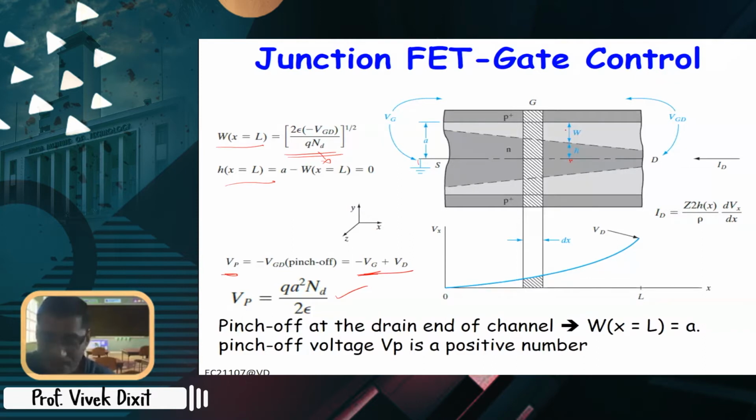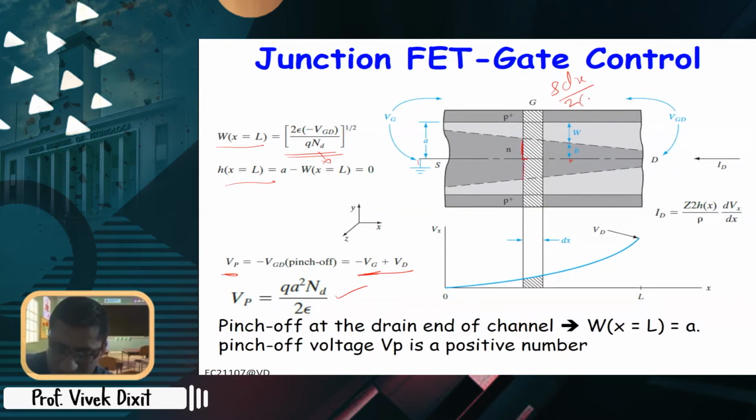So if you want to get the expression for current, you can consider an element at distance x, an element of length dx. So the resistance of this element will be rho times dx divided by the area of cross section. The area of cross section is what? Z is inside the paper times this a minus w.